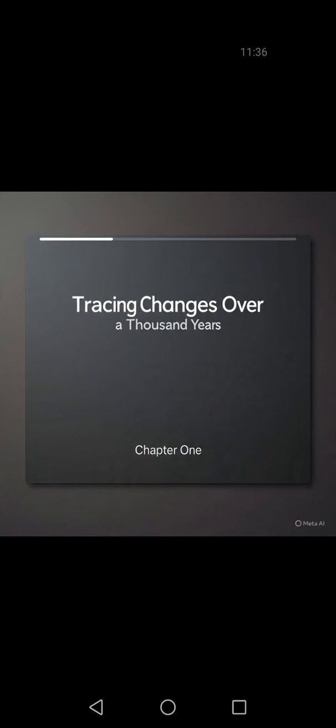Manuscript copying is somewhat similar. As scribes copied the manuscripts, they also introduced small changes. A word here, a sentence there. These small differences grew over centuries of copying until manuscripts of the same text became very different from one another.